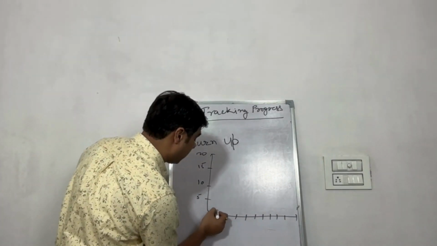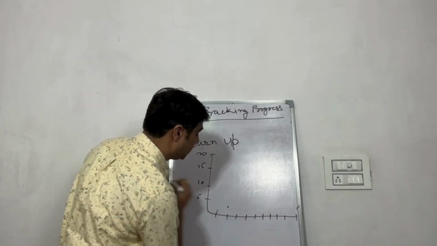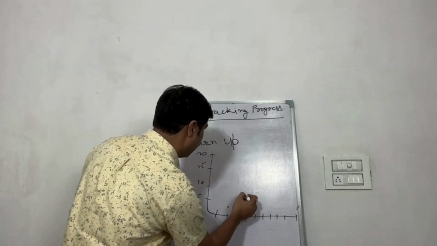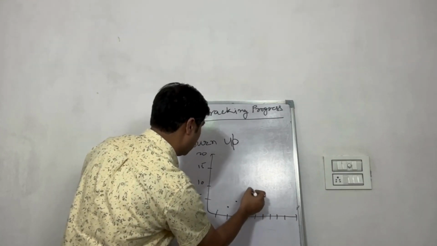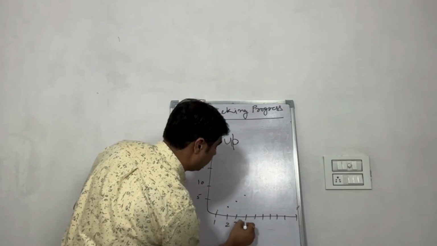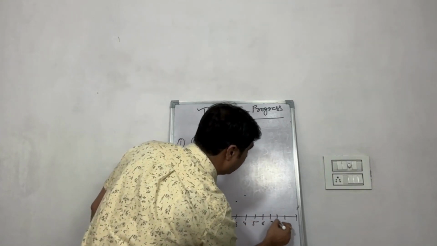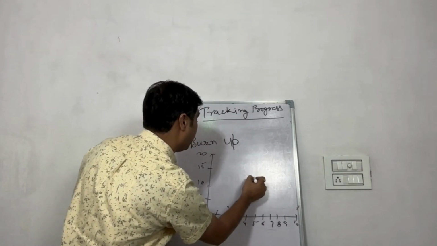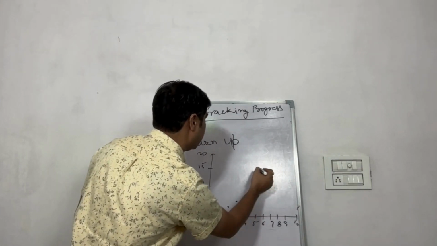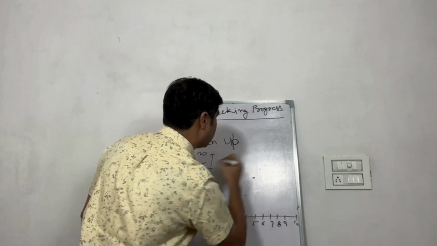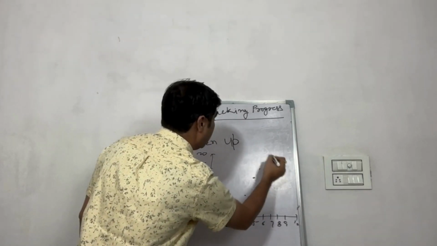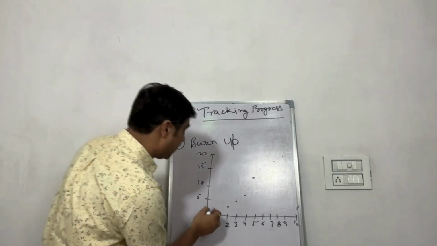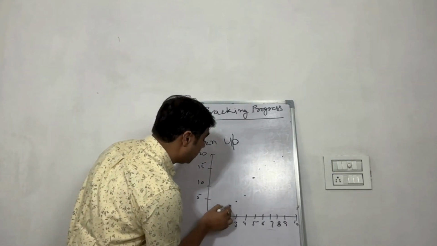Day 1 we have completed 1 story, day 2 we have completed 3, day 3 we have completed 6, day 4 we have completed 8, day 5 we have completed 10. Day 6 we have completed approximately 14, day 7 we have completed 16, day 8 we have completed 17, day 9 we have completed 19, and day 10 we have completed 20. So that is how your chart will look.